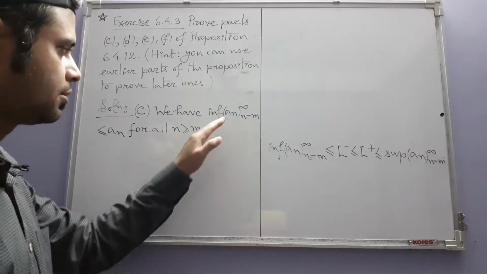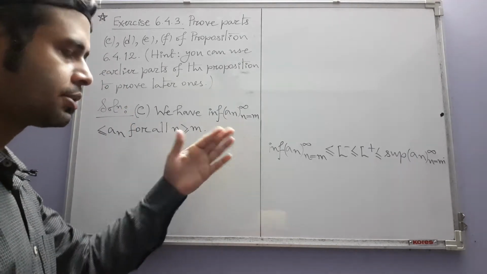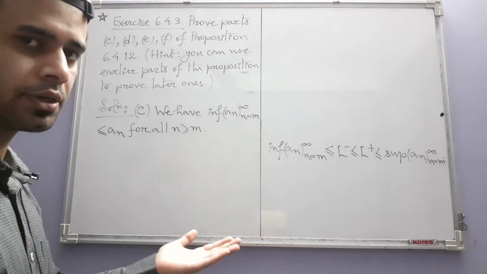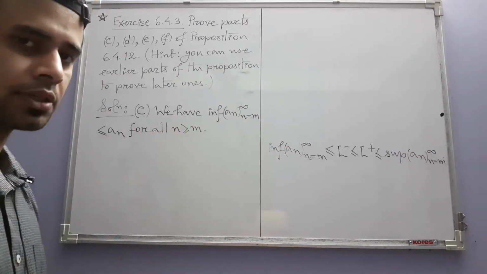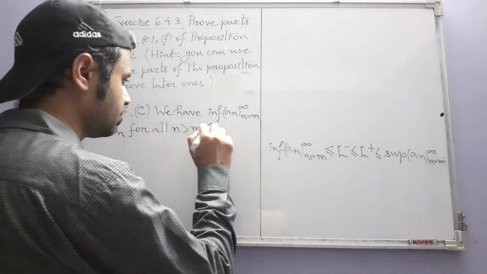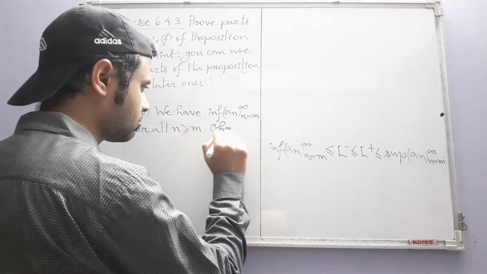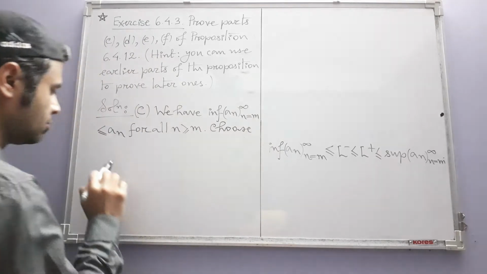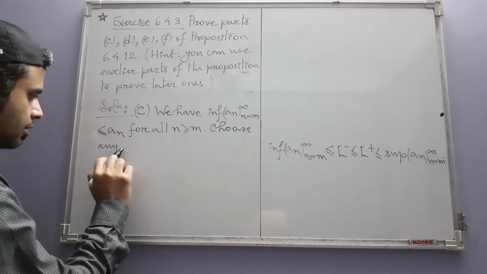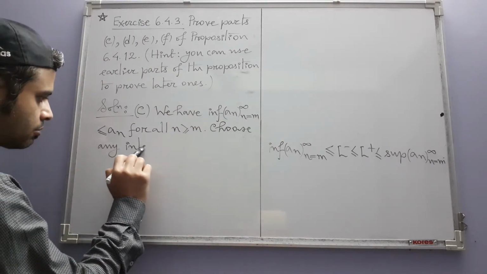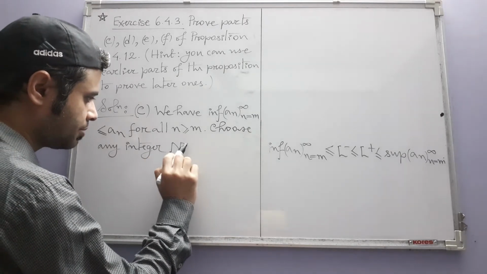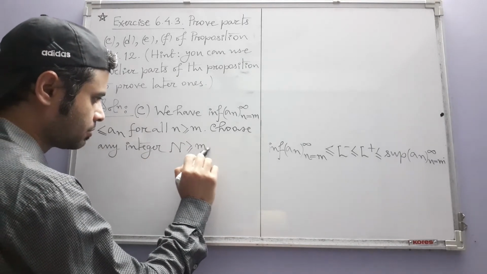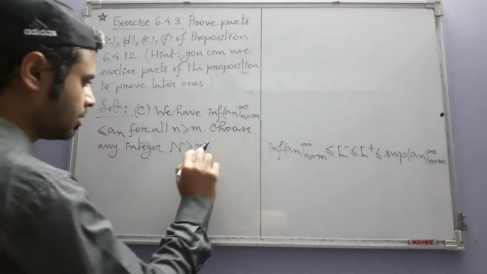That is because the infimum, being the greatest lower bound, is after all a lower bound, so it will be less than or equal to all the terms of the sequence. Choose any integer capital N greater than or equal to m.